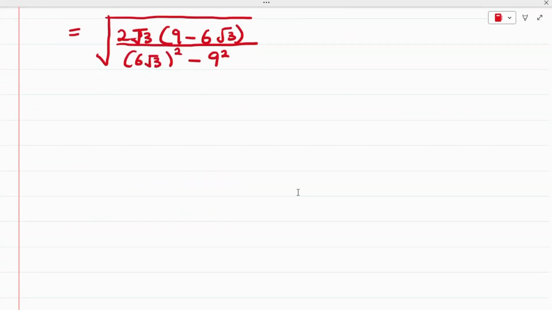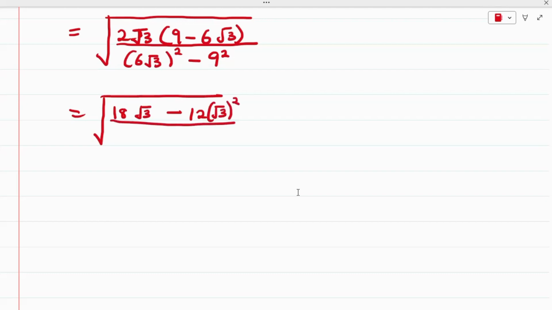Having this here, all we want to do is a little simplification. Keeping the square root, we want to expand the numerator. So 2 multiplying 9 gives us 18 root 3, minus 2 multiplied by 6 gives us 12 root 3 squared.